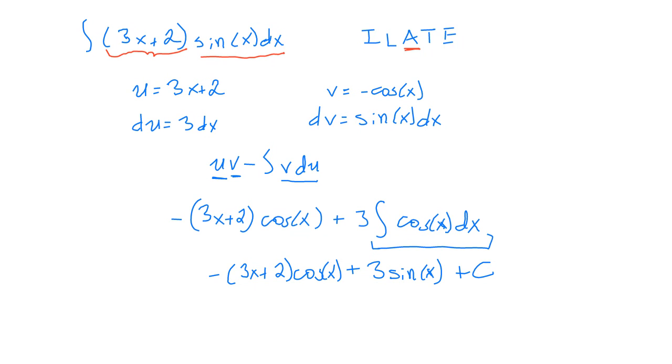Trig substitution is basically a change of variables involving a trig substitution. It's based off these Pythagorean trig identities. We've already seen the first one: cosine squared theta plus sine squared theta equals 1.